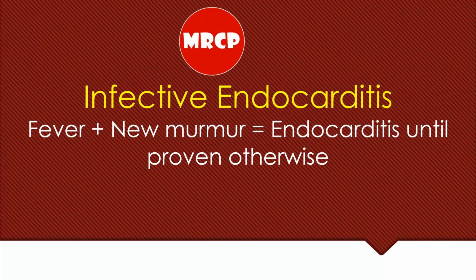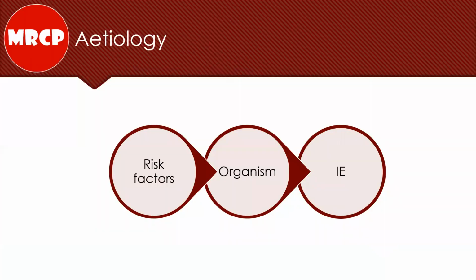So if you have a change in the character or intensity of the murmur in a patient presenting with fever, you have to consider infective endocarditis all the time until proven otherwise.